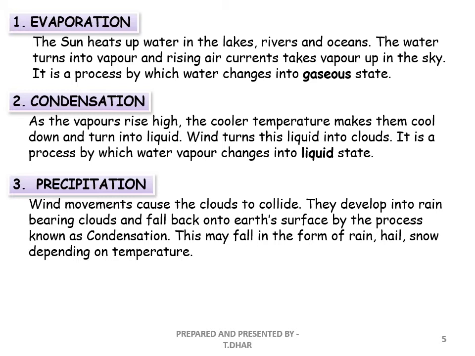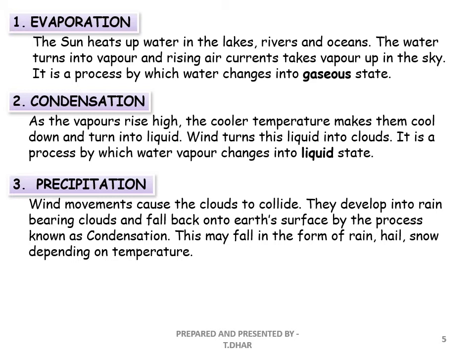Now in precipitation, what happens is that the wind movements cause the different clouds to collide, and when the clouds collide, the rain-bearing clouds fall back onto the Earth's surface through this process of precipitation.